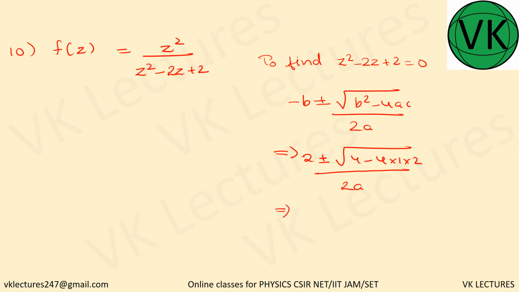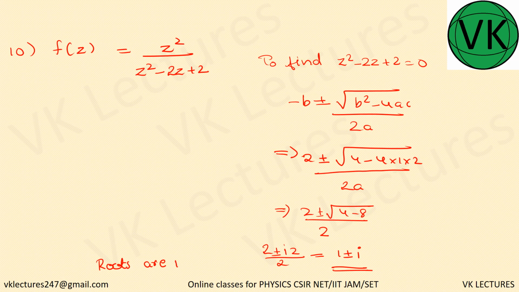So we got 2 plus or minus root of 4 minus 8, by 2, that is 2 plus or minus 2i by 2, which is equal to 1 plus or minus i. So the roots are 1 plus i and 1 minus i.